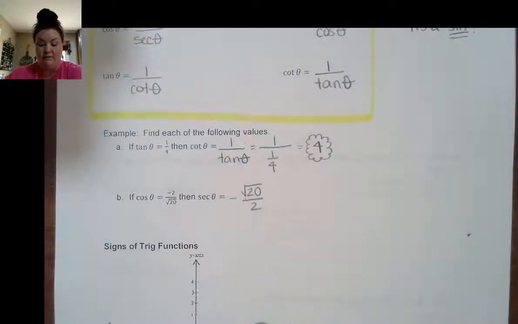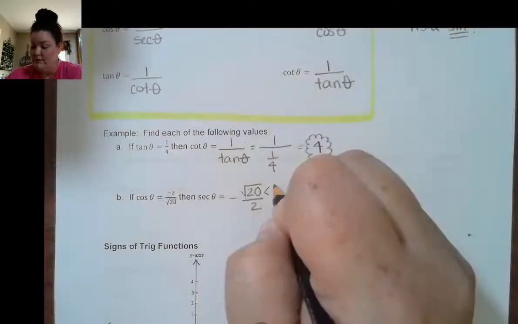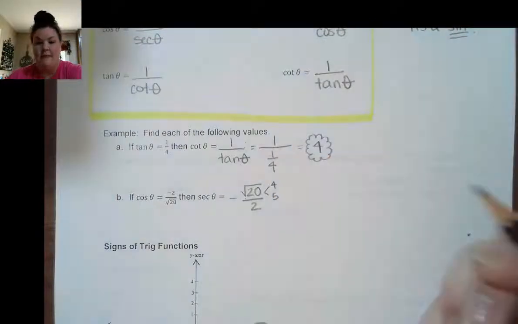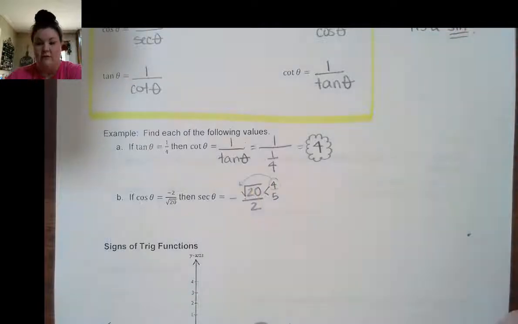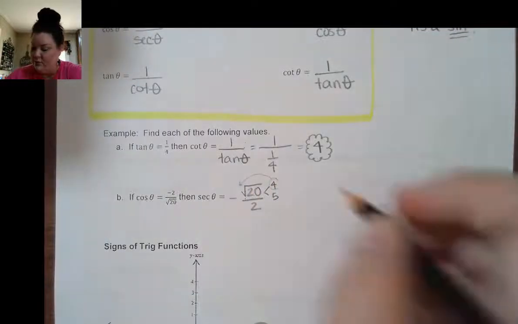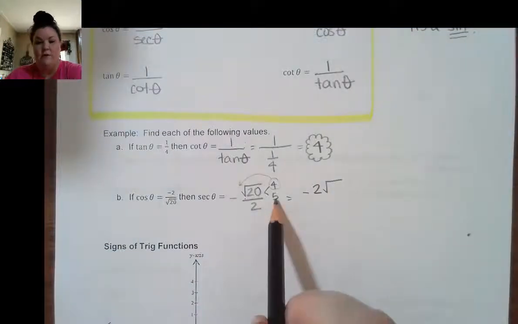And then we definitely want to see if this is something we can simplify, right? The square root of 20 actually simplifies because 20 is 4 times 5, and 4 is a perfect square. So we can bring that out of the radical, right? The square root of 4 is 2. And underneath the radical, we would be left with that 5.